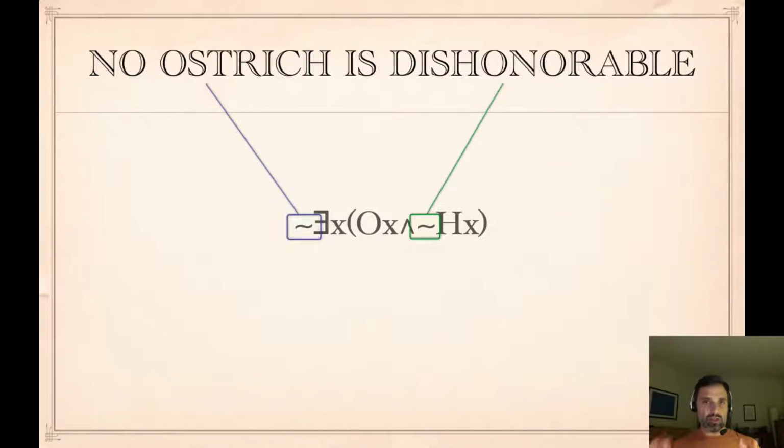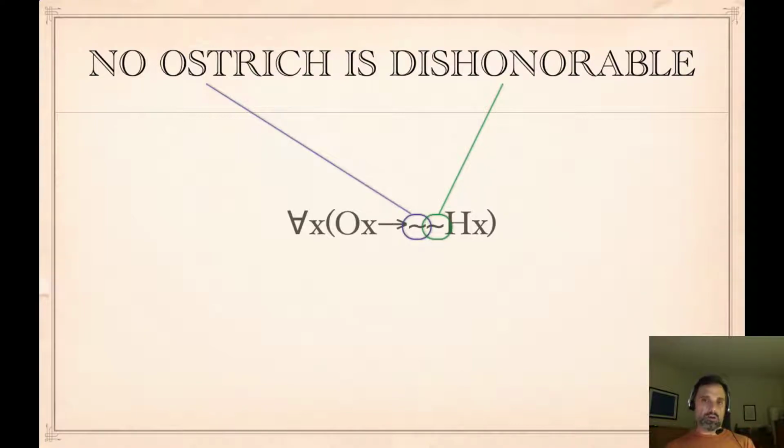And so the two negations get their separate places, and they're associated with what's happening in those different places. So the dis from dishonorable, that negation goes where we work on verb phrases, and the no from no ostrich goes on the part of the sentence that corresponds to the determiner phrase.